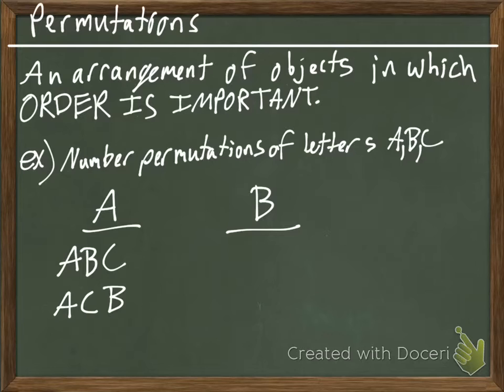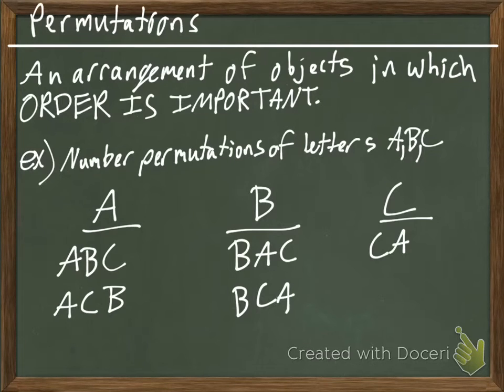B is going to be my first letter, so we have B, A, C. And then we'd have B, C, A. And then finally we have C at the front, so we'd have C, A, B, and then C, B, A. So these are the number of permutations. We have 6. So there are 6 ways that we can order these letters A, B, and C.